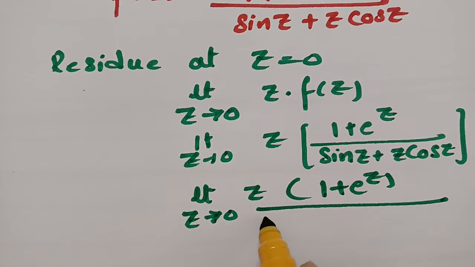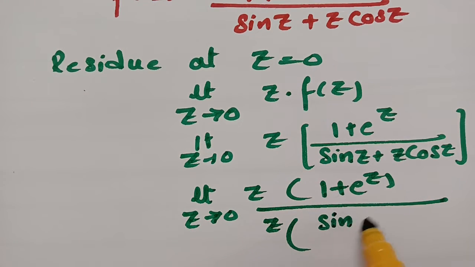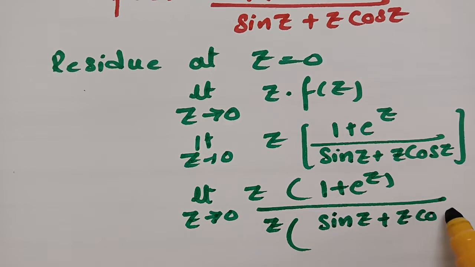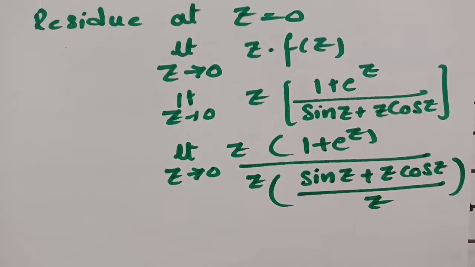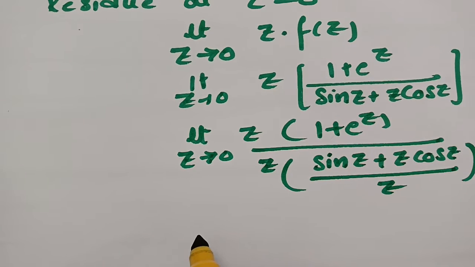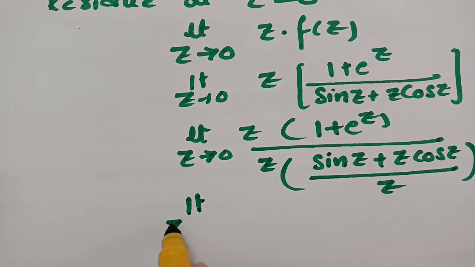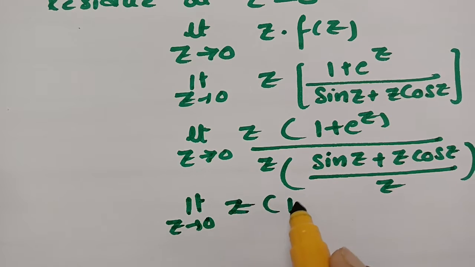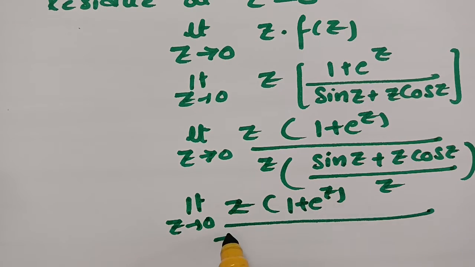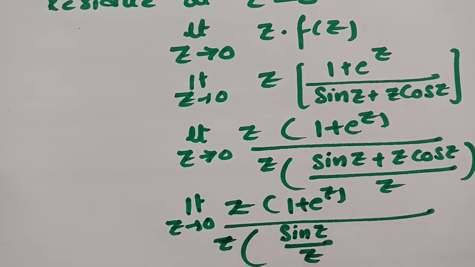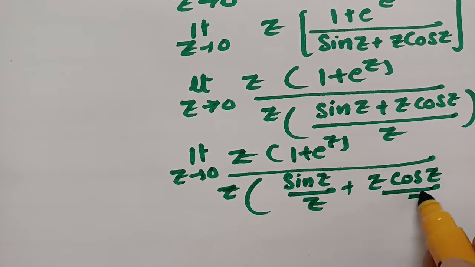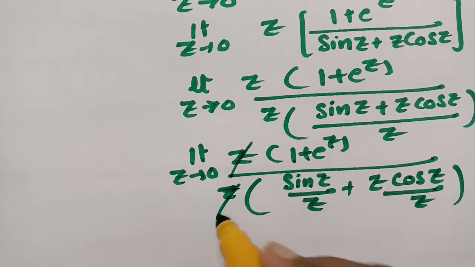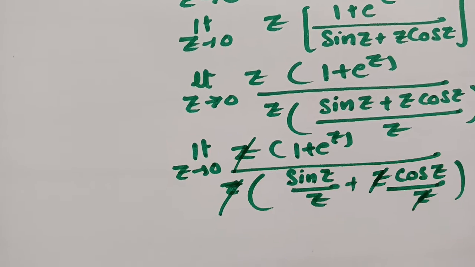I am multiplying and dividing the denominator with z, that is, z sin z / z plus z cos z / z. Now z is as it is in the numerator, and the denominator can be written as sin z by z, and z cos z by z. Clear? Now I can cancel this z, and again cancel this z, and see what remains.